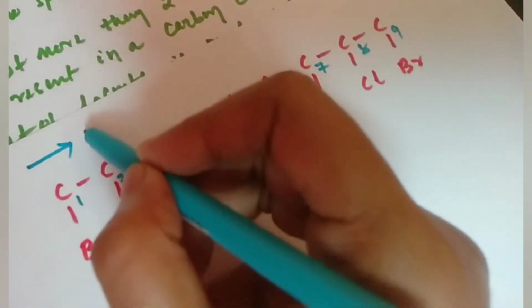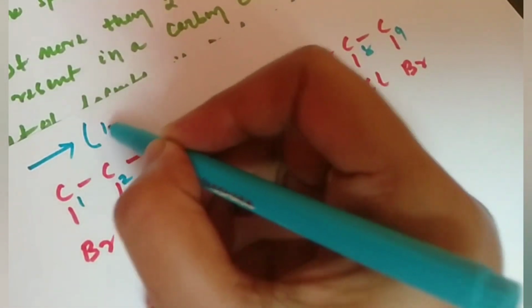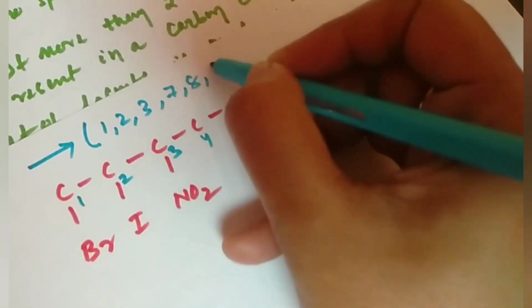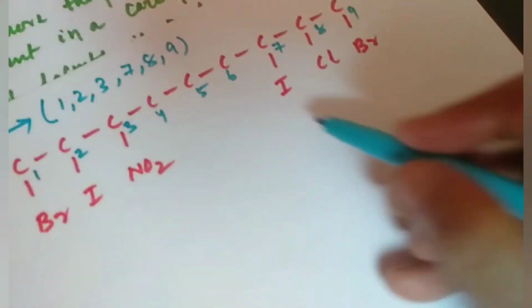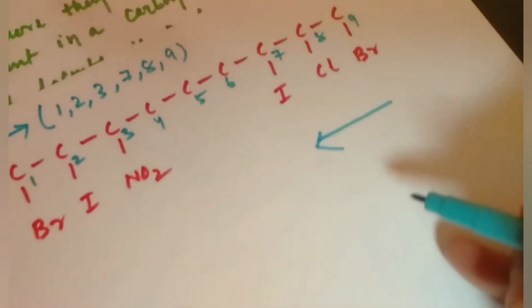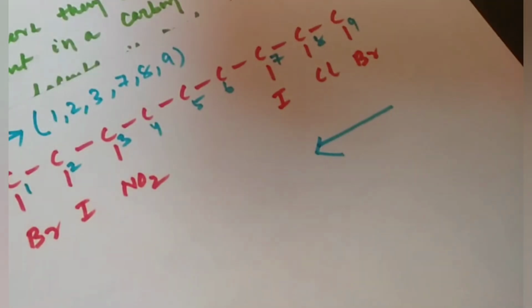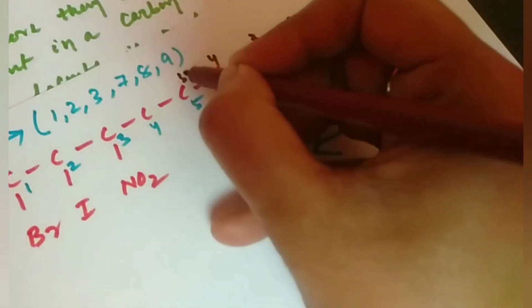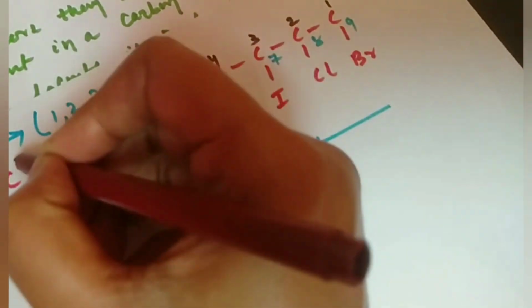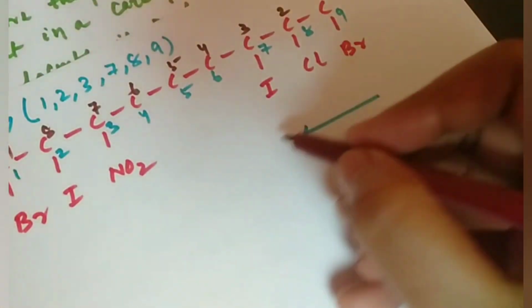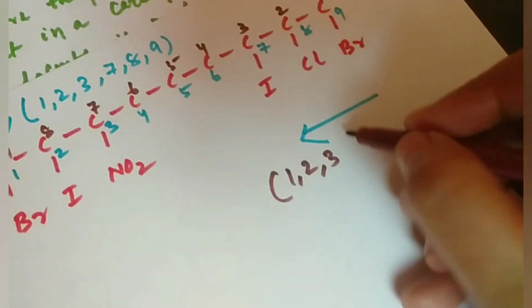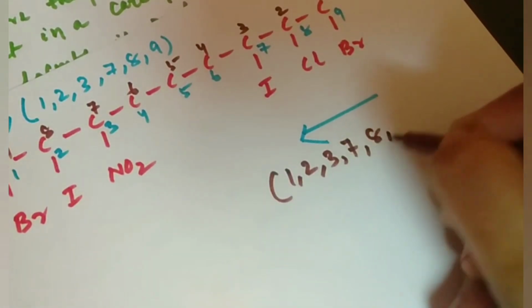Now what is the set of locants here? 1 2 3, 7 8 9, okay. Now if we move from right to left, then what is the set of locants here? See here, 1 2 3 4 5 6 7 8 9, okay. Now here the set of locants is 1 2 3, then 7 8 9.